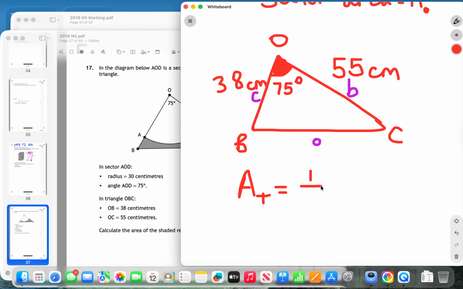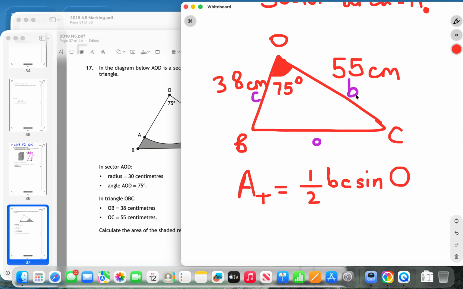That is 1/2 b. We know b, we know c, and we know this angle, so we say that's 1/2 bc sine of O. So as you see, we've adapted the 1/2 ab sine C because the angle is this O, and we know small b and small c.